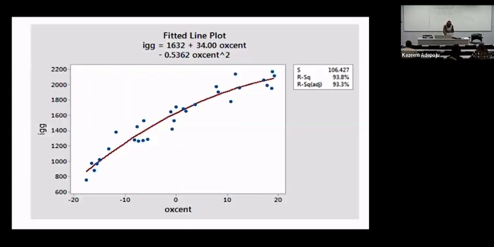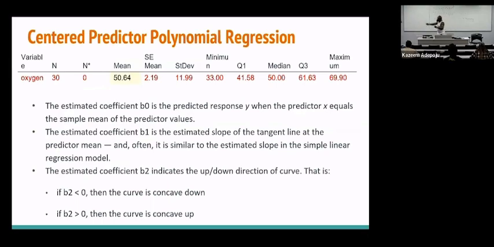Let me take you back. Do you see 50.64? Does that make sense? That is going to be the mean of the oxygen, the one you are subtracting from all of that. So that is what that is telling you.